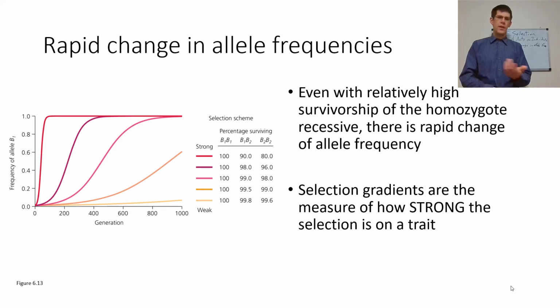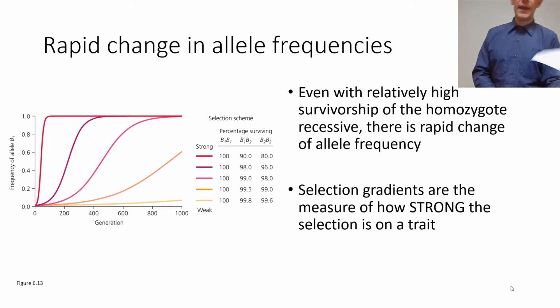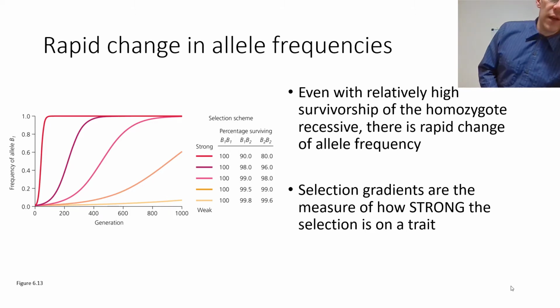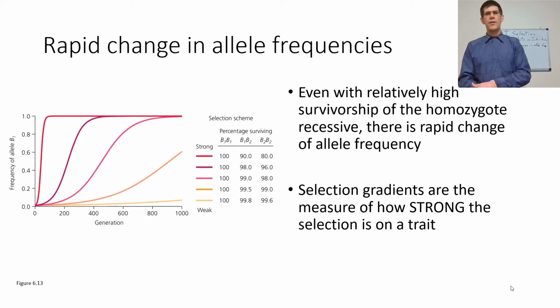That B1 B2, the heterozygote, you see how it can have either 90% up to 99%, and 99.8% even. So a high survivorship of the heterozygote. And even with an 80% survivorship of the homozygous recessive, even that much survival leaves a very strong selection and leads to fixation of the allele within about 20 generations.